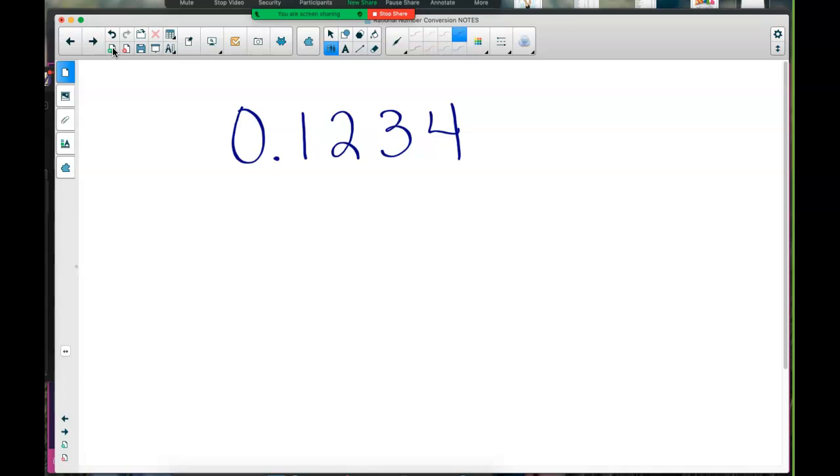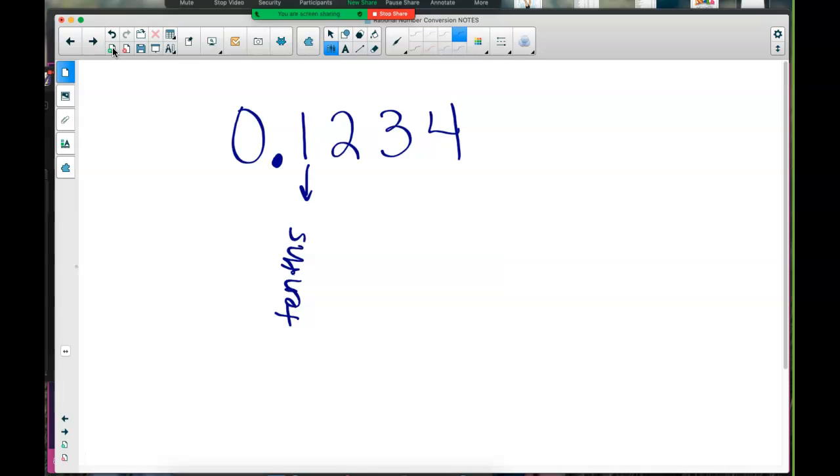Here's your decimal point. What place value is the 1 in? You guys know what place value that is? Tenths. What place value is the 2 in?